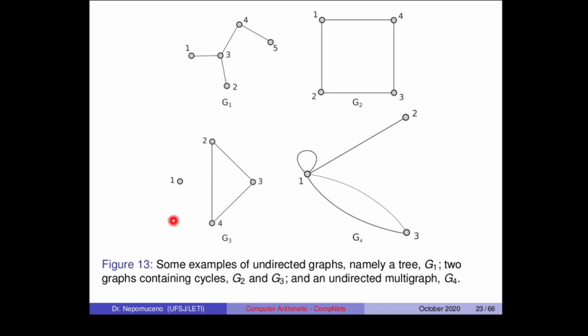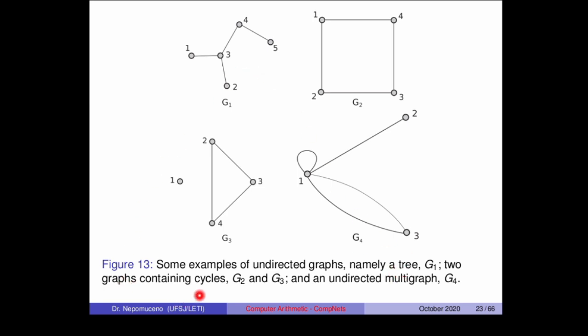So here you can see 4 examples of networks. In the example G1, you have 5 nodes, and node 1 is connected to 3, 3 is connected to 1, 2, and 4 is connected to 5, right? So these are some examples of undirected graphs, namely a tree in the net G1.